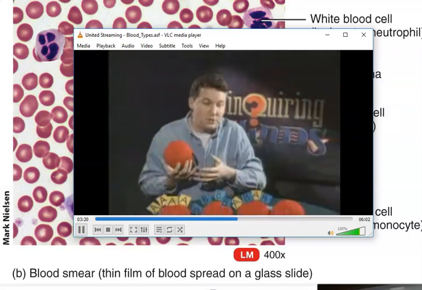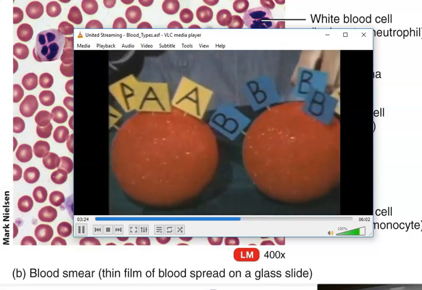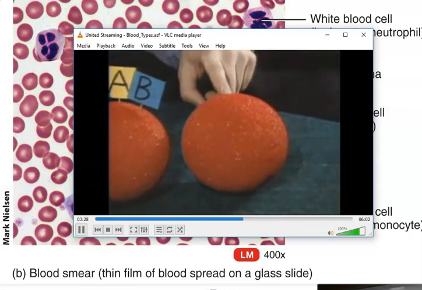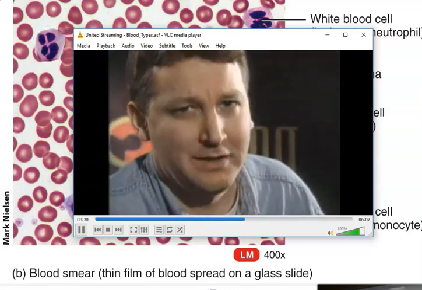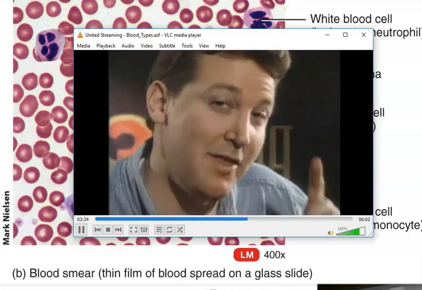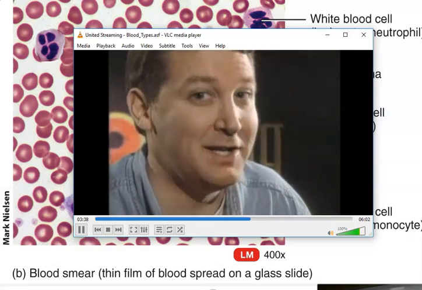Put it all together, and you have the four basic blood groups: A, B, AB, and O. I know what you're saying. So what? Big deal. Well, it's not a big deal. That is, until you try and mix some of those blood types together in someone's body.